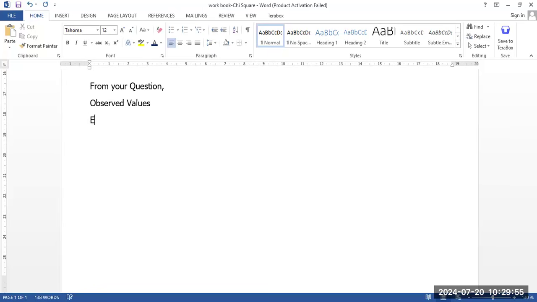Then you need to know how you can get the expected values. The observed values are what you actually observed, you as the researcher. From the data, what did you actually observe? So it means that observed values will always be given in the question. But it's your role, you are the person handling this question, to get the expected values.